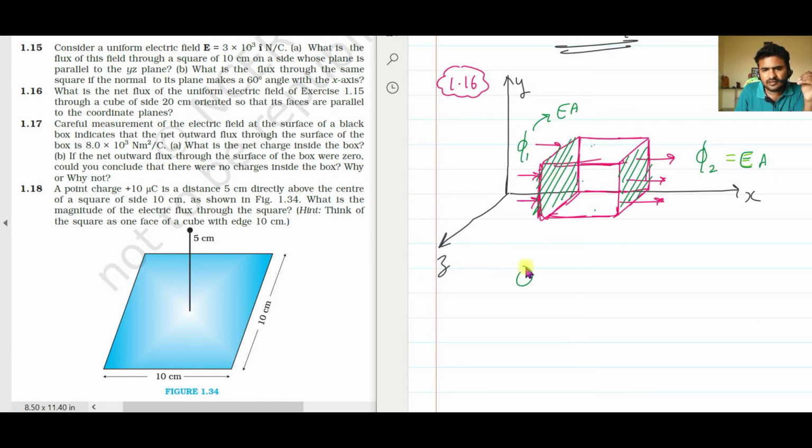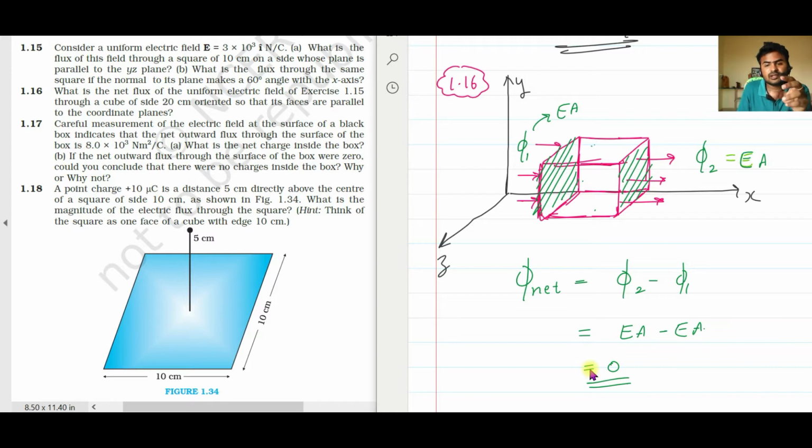So net flux is flux leaving minus flux entering: E into A minus E into A. Therefore the total flux through this cube is going to be 0. As simple as that.